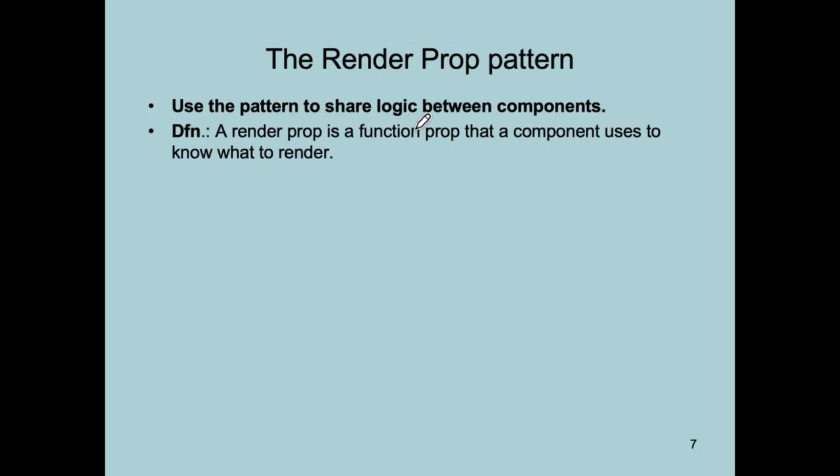So if you've got this parent-child relationship and a parent passes a render prop down to a child, effectively the parent is telling the child what it should render. And that can be useful in some cases. It may not be everything that the child renders, but it may be part of what it renders. And therefore that child component is reusable because different parent components might pass different render props down to it. That's the idea behind it.